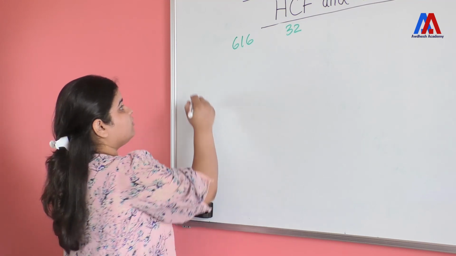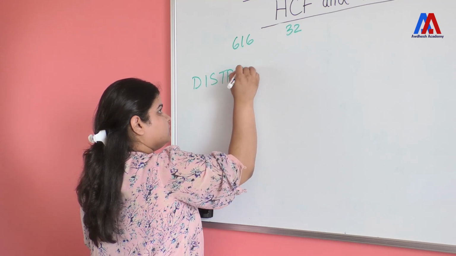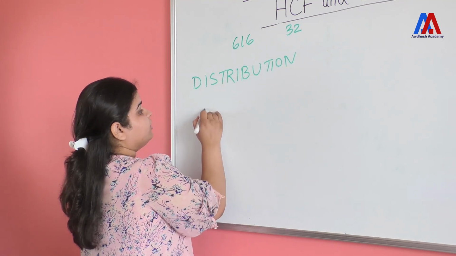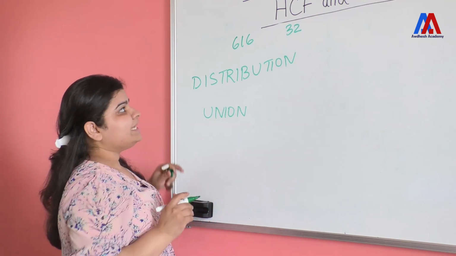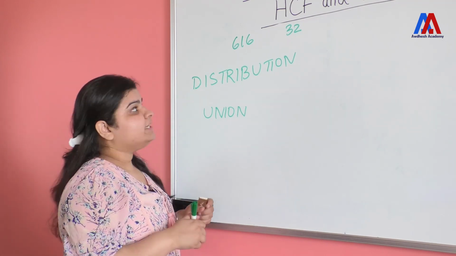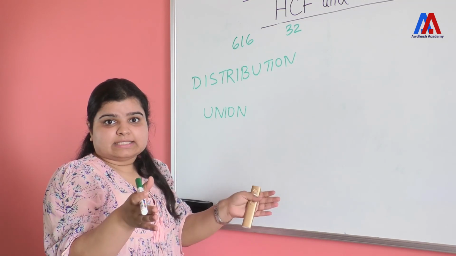You have to look for whether the question talks about distribution or union. Now in this case we are talking about distribution, that is dividing these two bands into equal sizes.